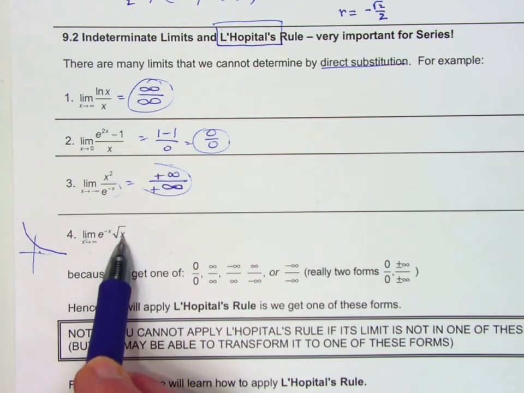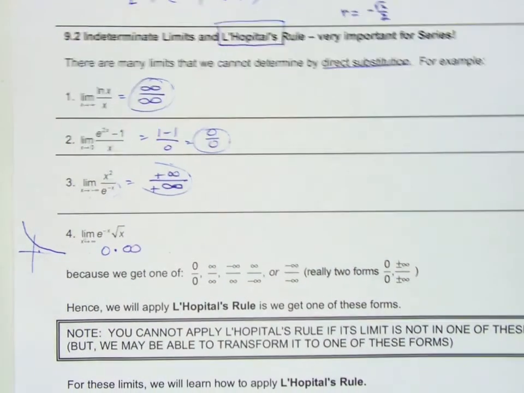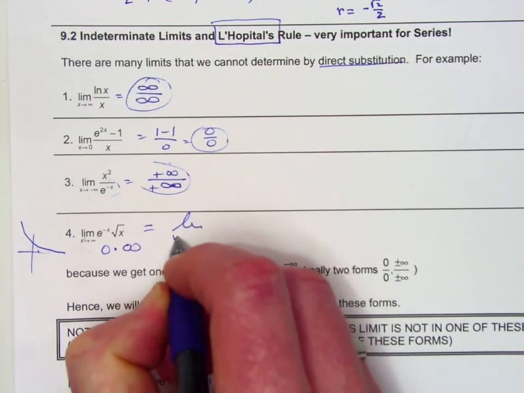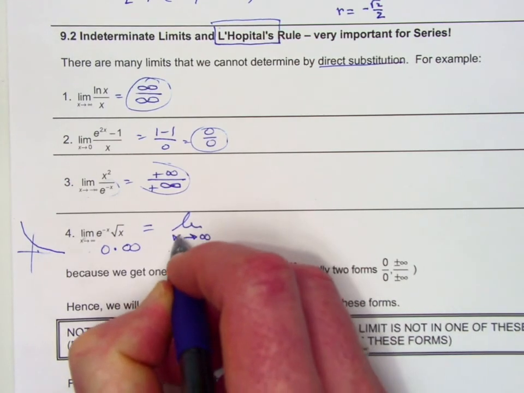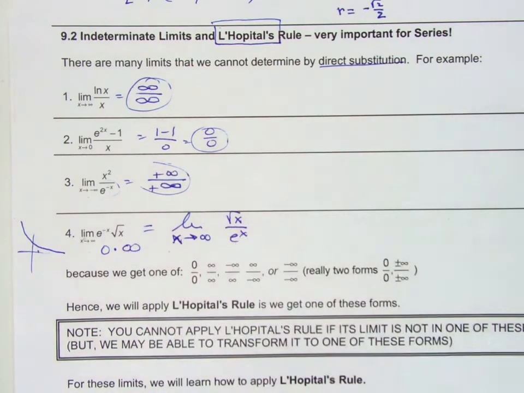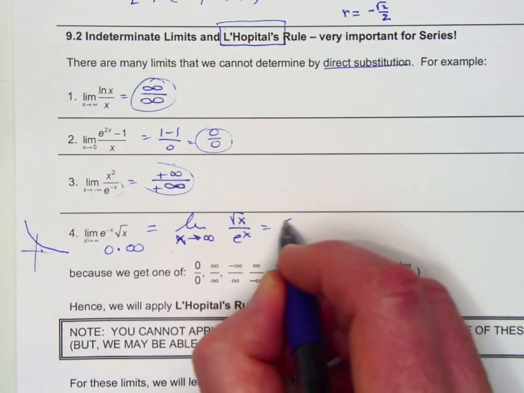What does this go to? Infinity. But that is not a form we want. So I can manipulate this one. I get the limit as x goes to infinity of the square root of x over e to the x, because I can write it with a positive exponent. And now I get infinity over infinity.